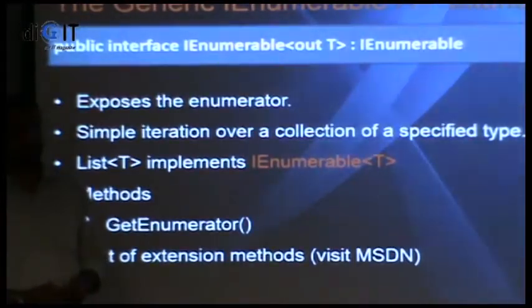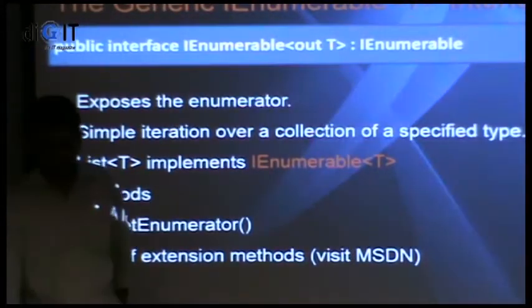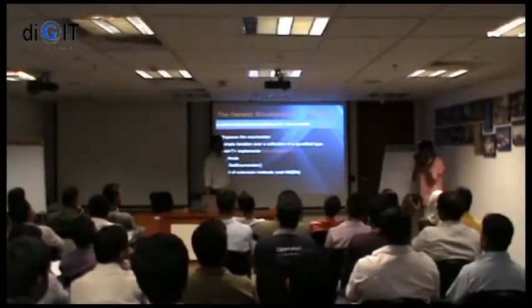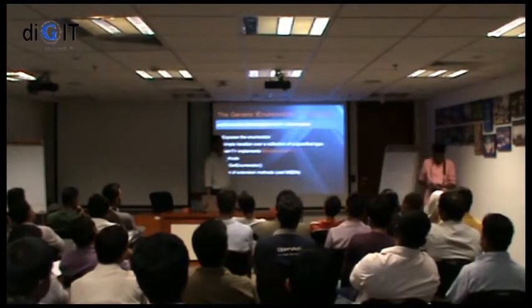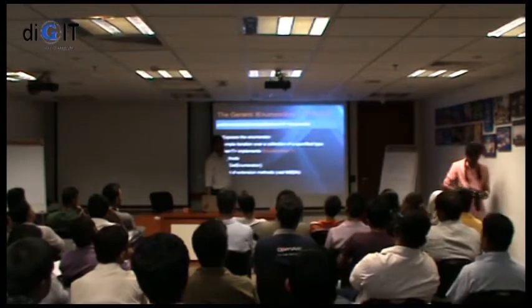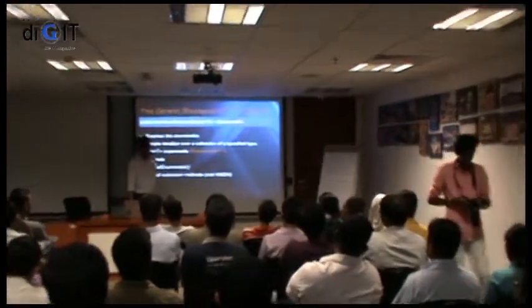Function pointer means, define the delegate. If you have a function, public int sum, then we can define the delegate. The return type should be the same as the function return type, and we can put any name, create an object of the delegate, and we can assign only the function name.